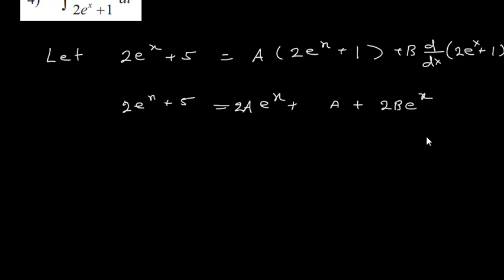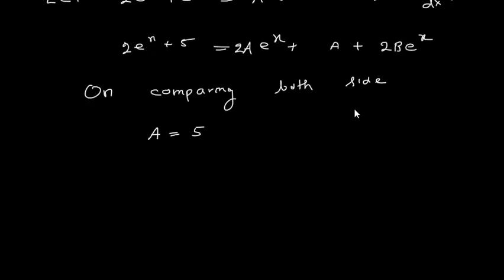Now on comparing both sides, you see that the value of a is equals to 5. Value of a is 5 and 2a plus 2b is equals to 2.